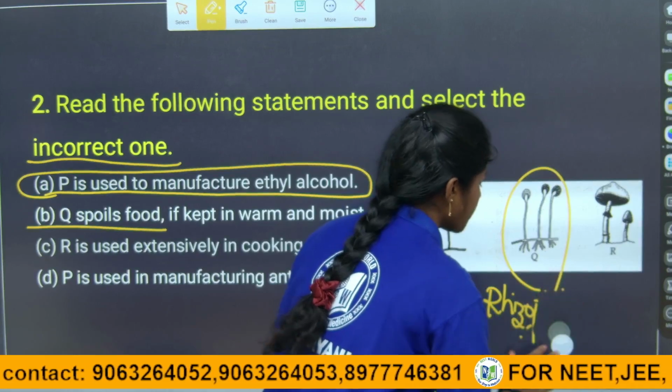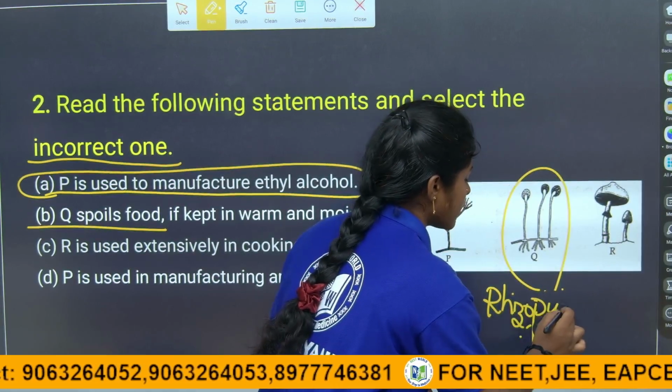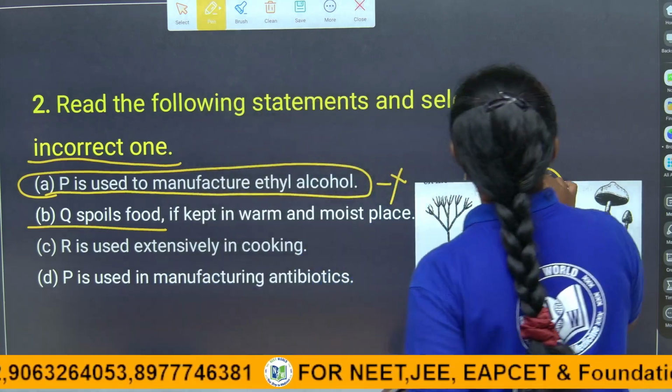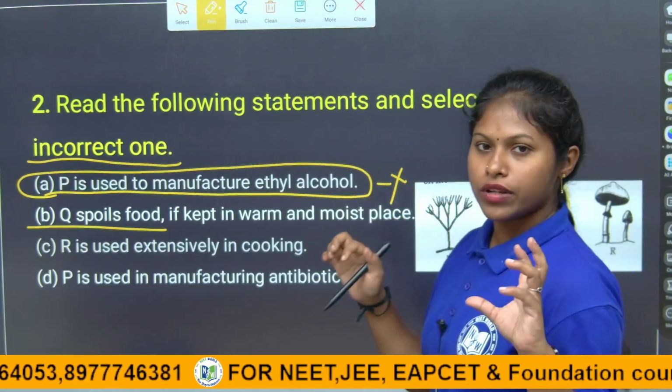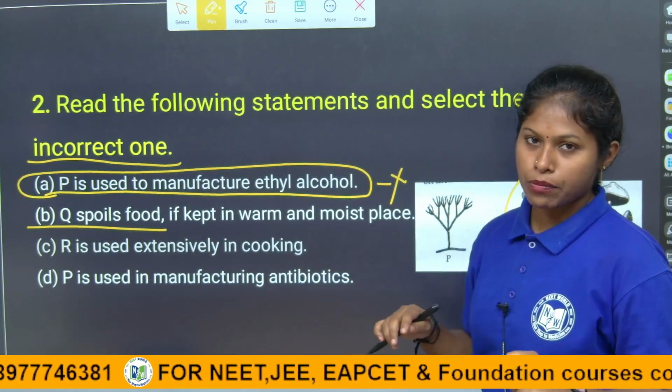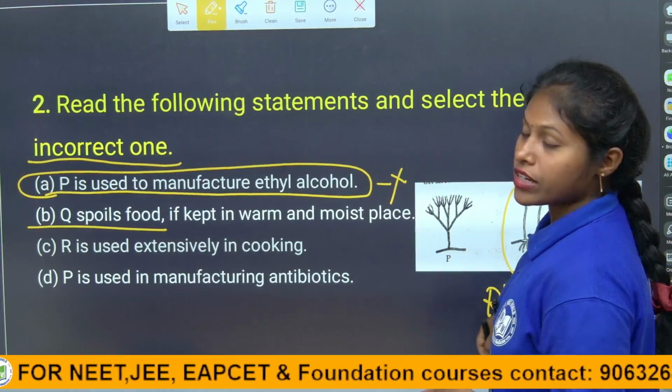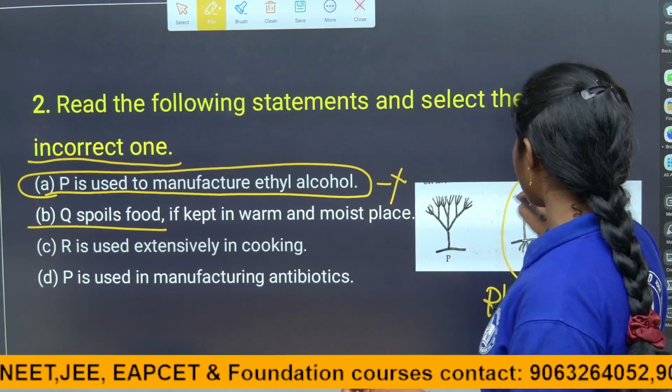Rhizopus fungi is more attentive to moist conditions, right, children? That is why bread usually grabs the moisture from the atmosphere there, and there is a chance of growing rhizopus fungi, which is also called bread mold.